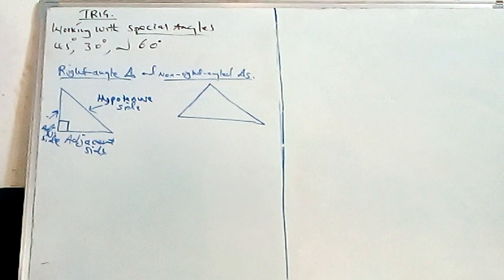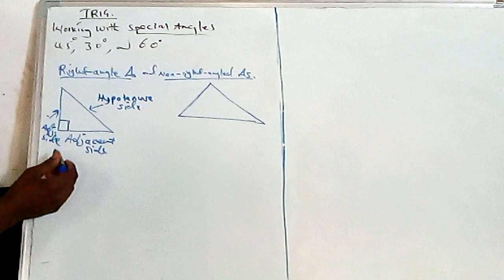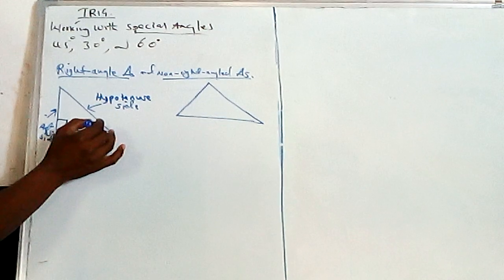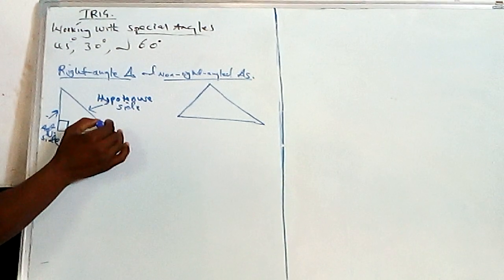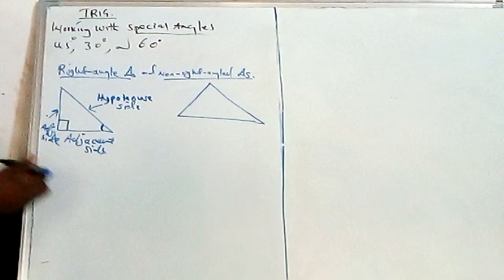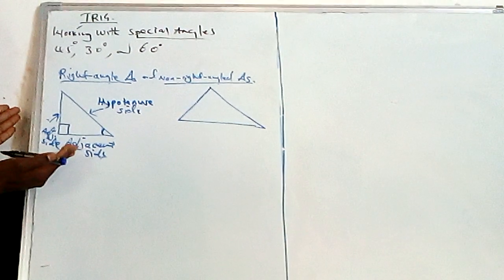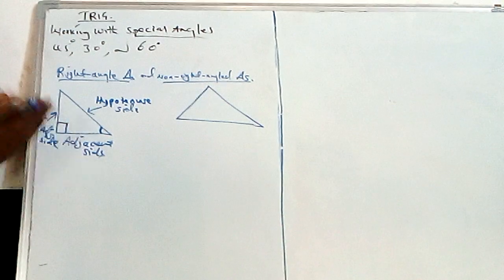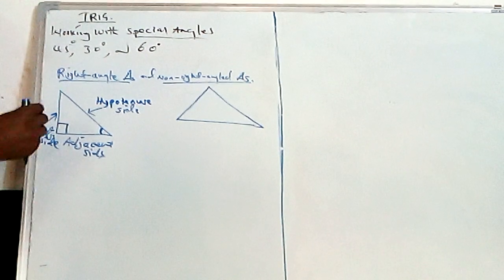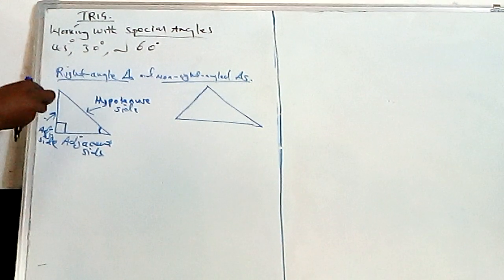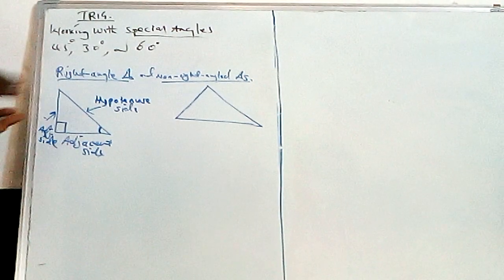So for example, if the acute angle we are reviewing is actually this one, take note. In other words, the adjacent sides' names are not static. They change based on where the acute angle we are reviewing at that particular point in time is.